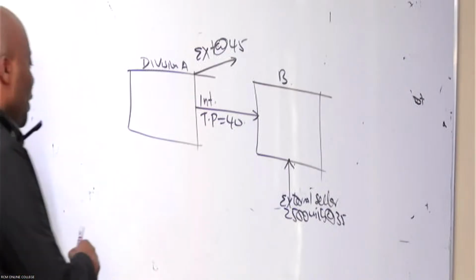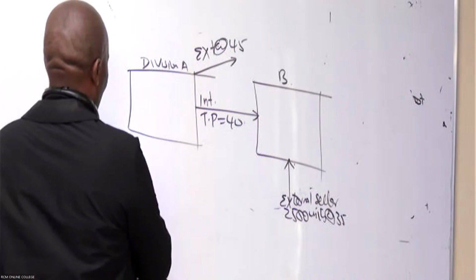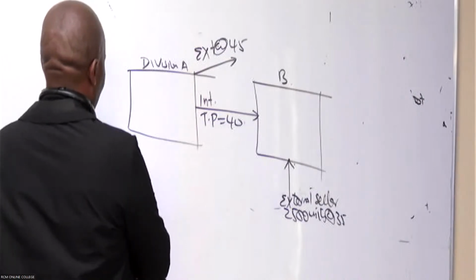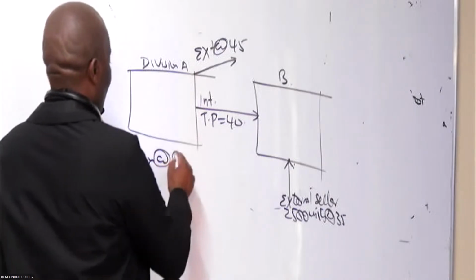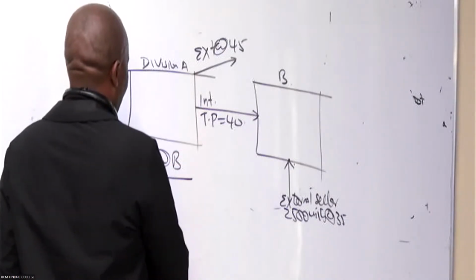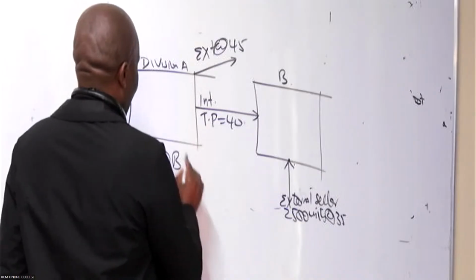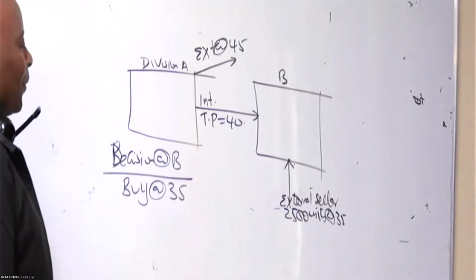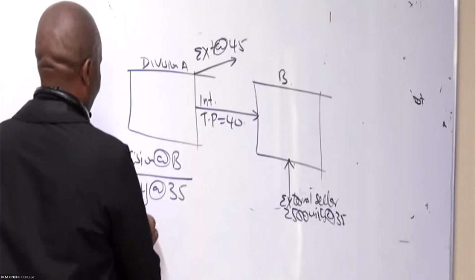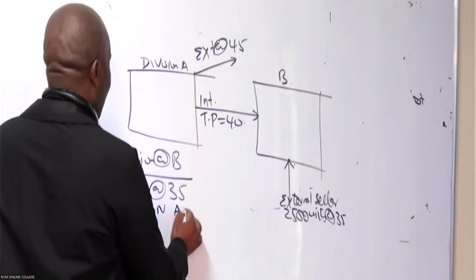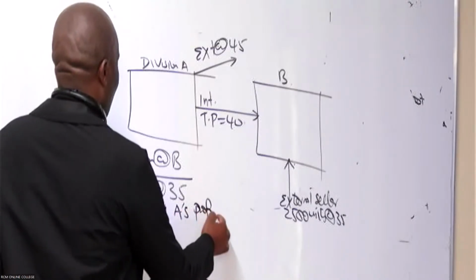Decision at B: buy at 35. What will be the impact on A's profits? That's what they are asking you.